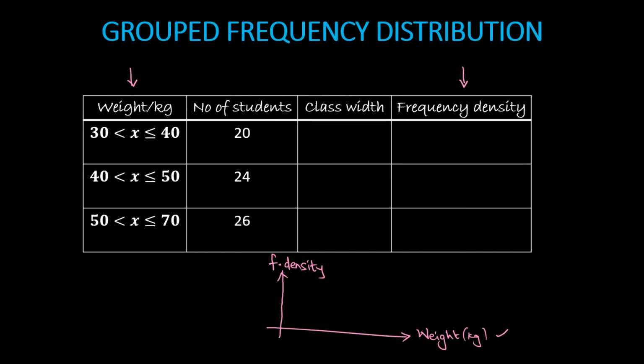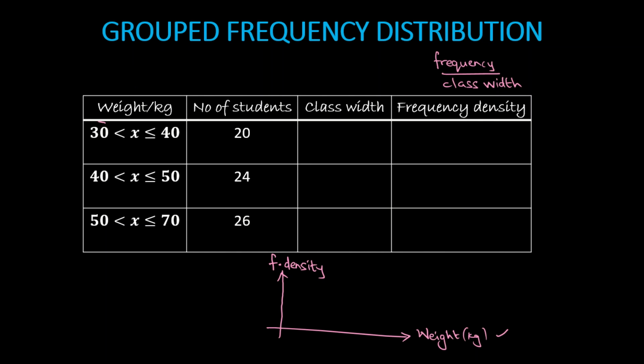And how do we calculate the frequency density? By taking the frequency of the interval, we divide by its class width, right? That is why I have included the column of class width. Okay, so let us fill in the table.